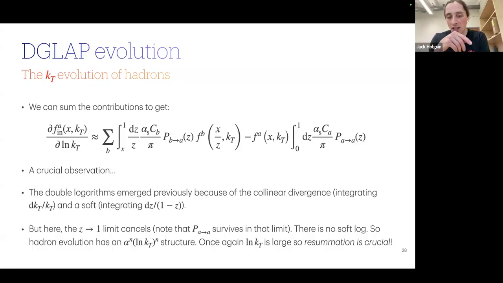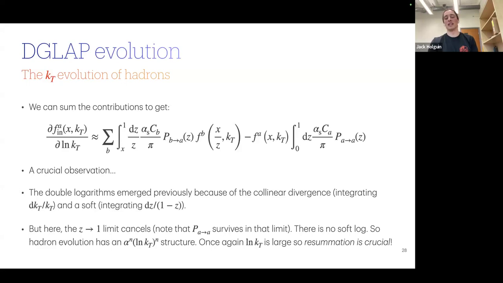If you look at this equation and you imagine setting z equal to 1, once z is equal to 1, those two PDFs are equal to each other. And the whole equation vanishes. It becomes equal to 0. And so there is no soft divergence anymore. There's only a collinear one. There's only the log kt in the differential equation still that could potentially diverge.